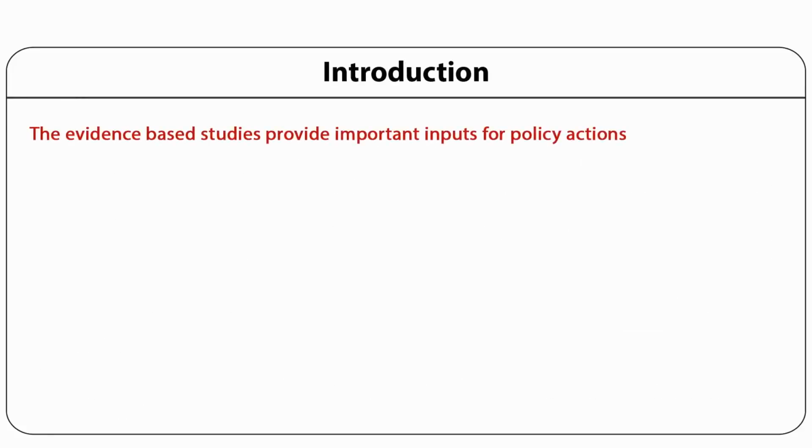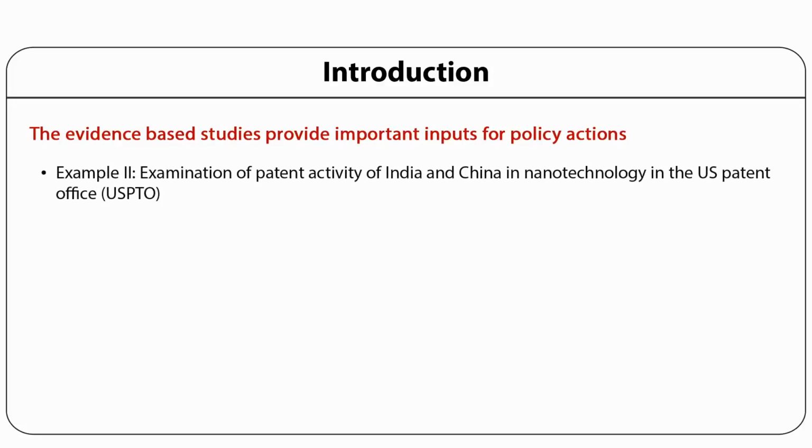In this slide, again we demonstrate the importance of scientometric studies in understanding the policy, in understanding the technology trend. This example is based on examination of patenting activity of India and China in nanotechnology in the US Patent Office (USPTO).